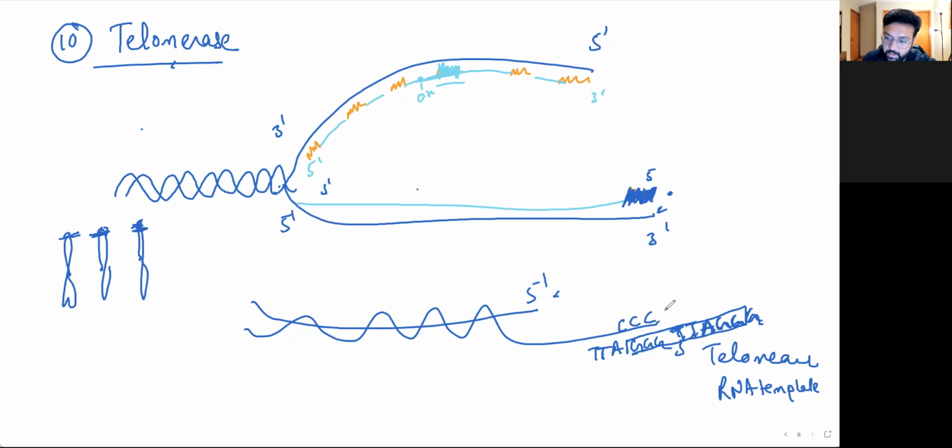So here it will add A, T, C, C, C here. So it will further elongate this end of the chromosome, right? And now again, another DNA polymerase can come and take this as a complementary strand and again add a new strand of the DNA here. So this is how it is going to prevent the shortening of the chromosome.